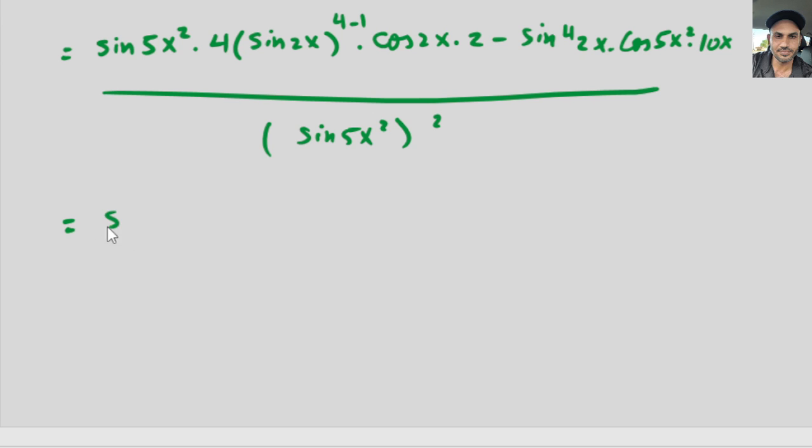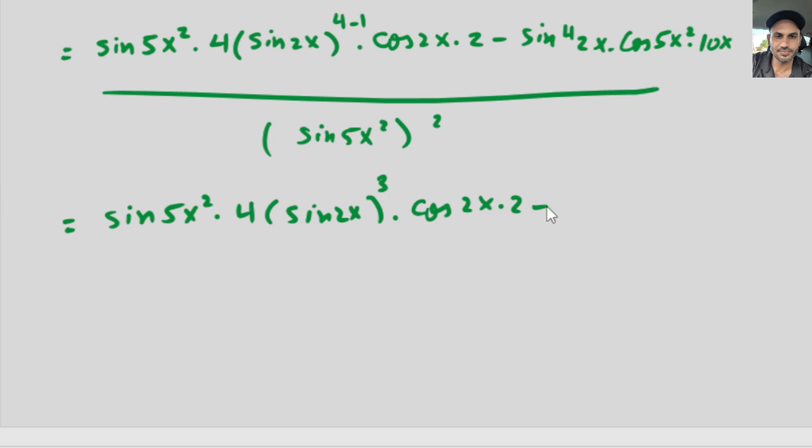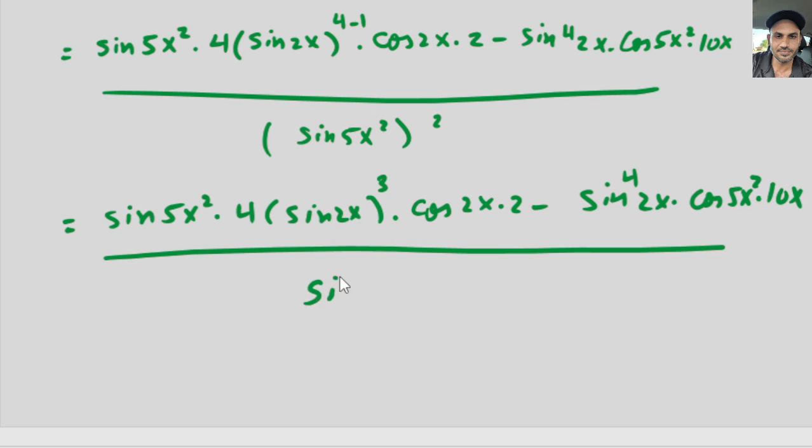So we got sine of 5x squared times 4 sine cubed of 2x times cosine of 2x times 2, minus sine to the fourth of 2x times cosine of 5x squared times 10x, divided by sine of 5x squared.